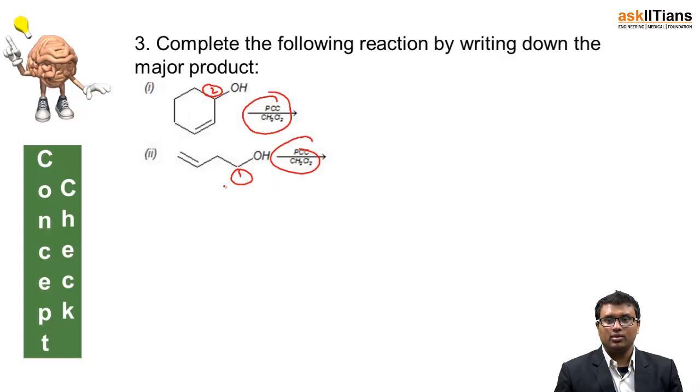Think about this; I will give you 10 seconds. Students, think about it. This is a 2-degree alcohol and this is a 1-degree alcohol. So what happens if I oxidize a 2-degree alcohol and a 1-degree alcohol? Think carefully. I think by this time you got the answer, right?